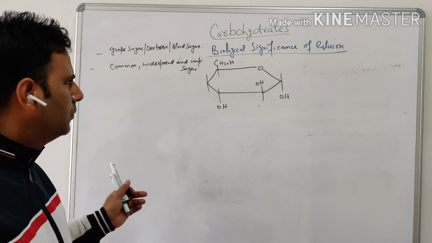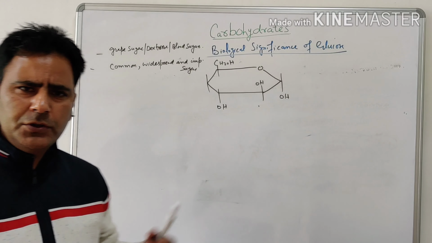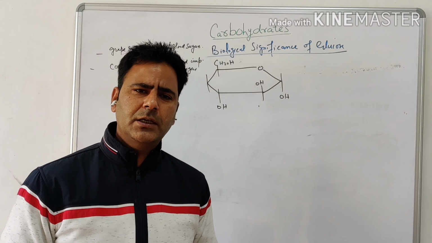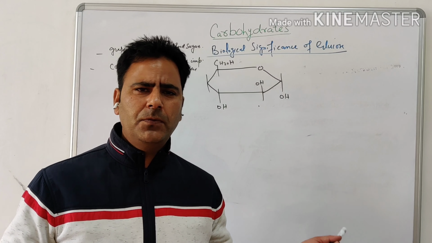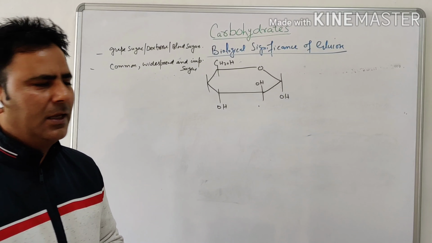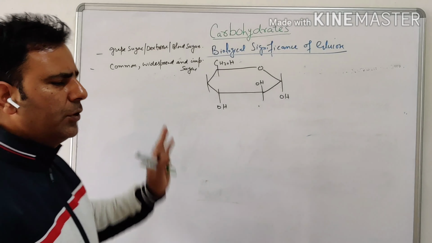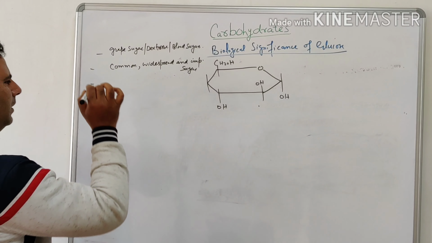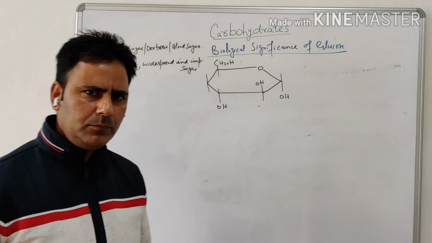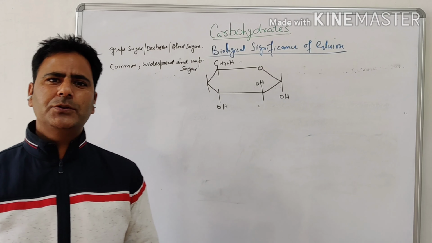Everywhere you see glucose. We start from the bacteria and go to the human being. In this wide range of organization, you will find glucose everywhere. And this glucose is the common, widespread, and important sugar, right? And one more thing, glucose is stored in our body in the form of glycogen.